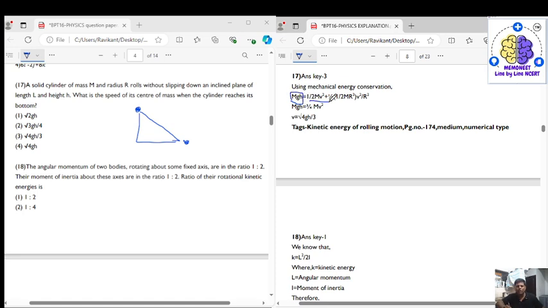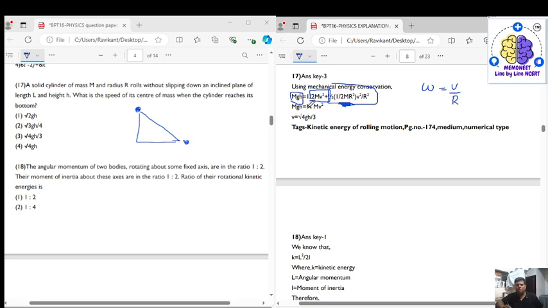Half m v square is its translatory kinetic energy, and half I omega square is its rotational kinetic energy. Because this is a solid cylinder, I is equal to m r square by 2, and omega can be written as v by r.